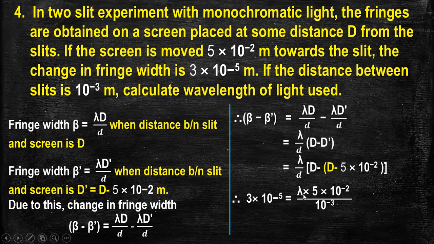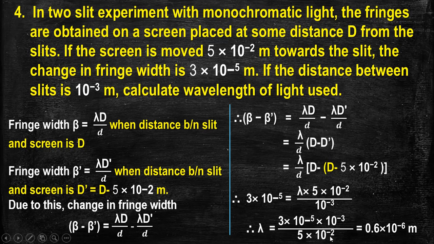If you solve this equation for lambda, then lambda becomes 3 into 10 to the power of minus 5 into 10 to the power of minus 3 divided by 5 into 10 to the power of minus 2. You multiply these two, and then divide by this 5 into 10 to the power of minus 2 factor.